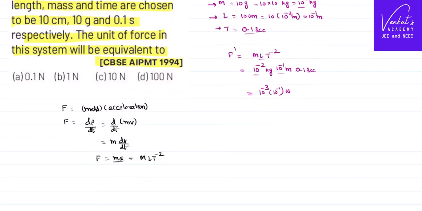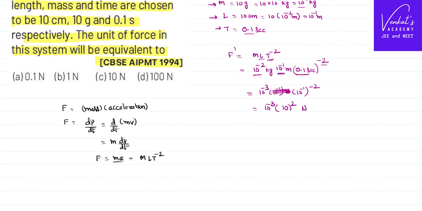Everything seems well, but here I have missed one point. This is T power minus 2, so 0.1 second whole power of minus 2 has to be written. Then only I will get a correct value. So I need to correct this. 10 power minus 2 times 10 power minus 1 is 10 power minus 3, and this is 10 power minus 1 whole power of minus 2, which becomes 10 power plus 2.